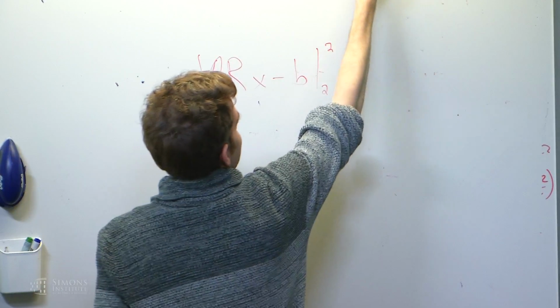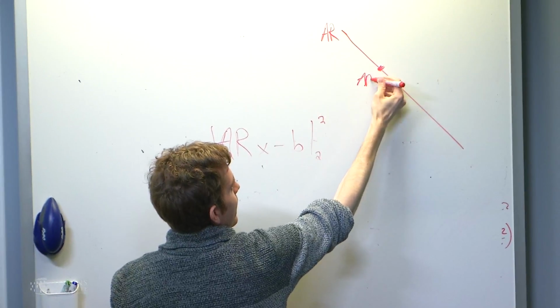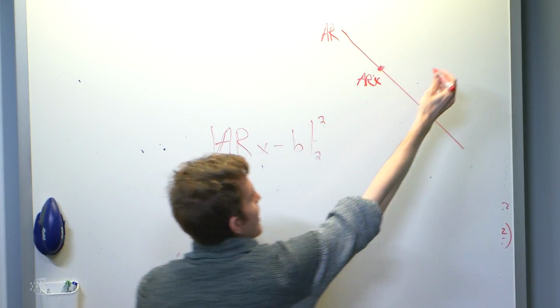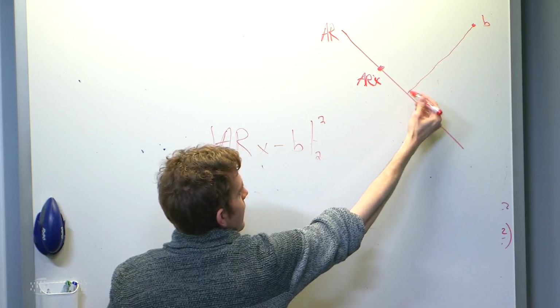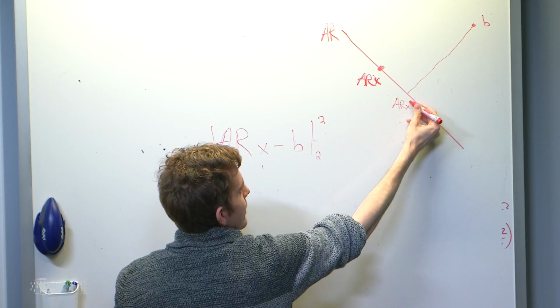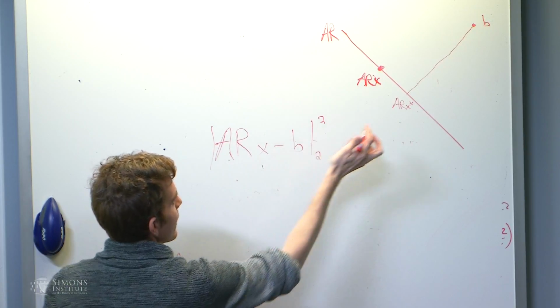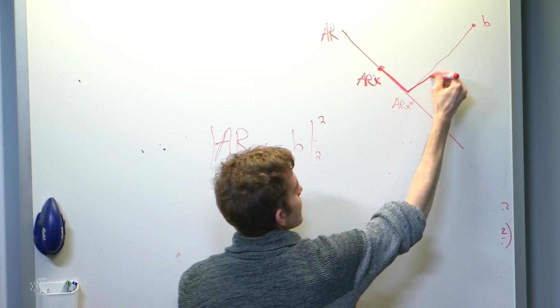So I have this subspace AR here, and here is ARX, sitting somewhere here, for some particular x. Now I have my b over here, and its projection onto this space is given by ARX star. That's the optimal solution, right? So by the Pythagorean theorem, this squared cost is this squared cost plus this squared cost, right?